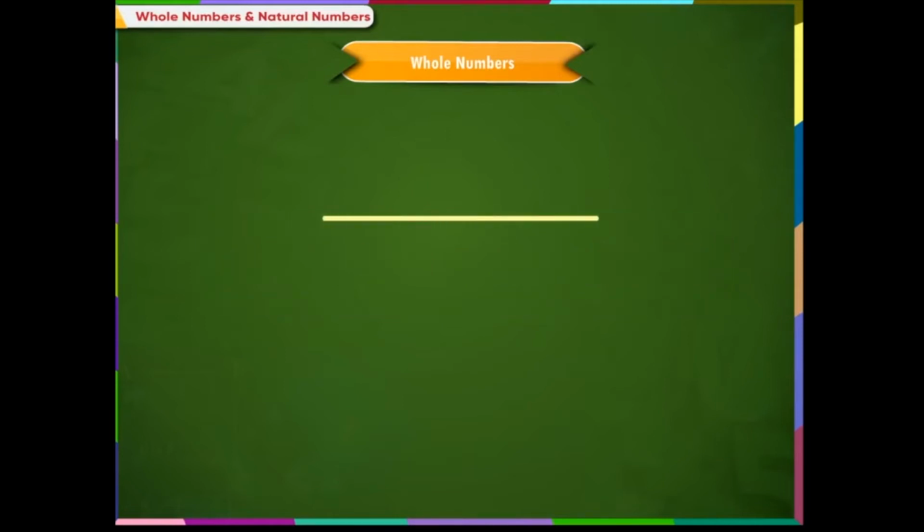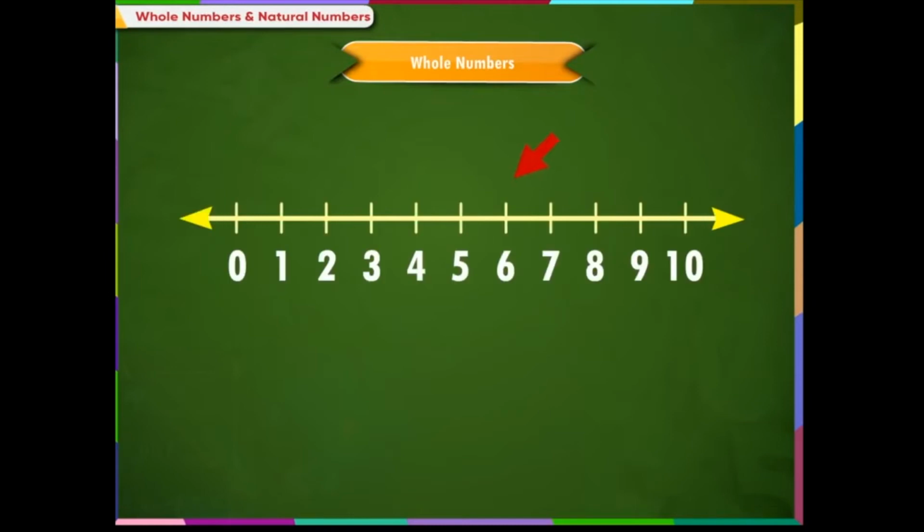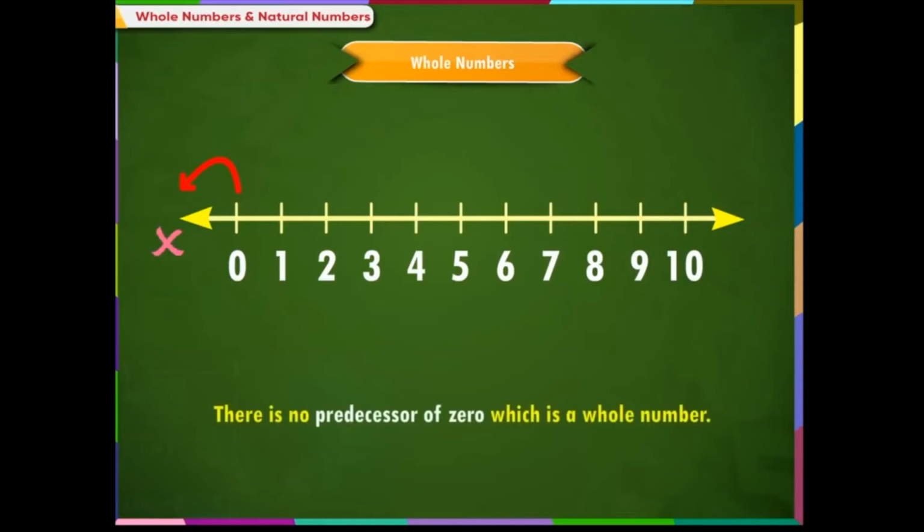In this number line, we see that the number 6 is before the number 7. So, the number 6 is the predecessor of the number 7. Do we have a predecessor of 0? No, we don't have any predecessor of 0, which is a whole number.